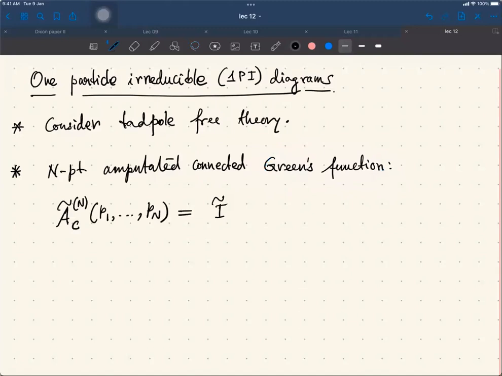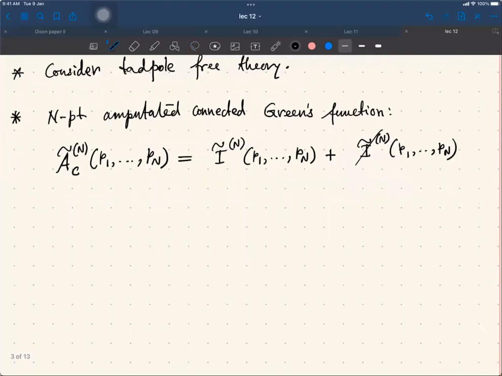One, I tilde n, so these are all connected. I will not write C explicitly here. P1 to Pn, and then I tilde n slash P1 to Pn. Now, what are these two sets of diagrams?